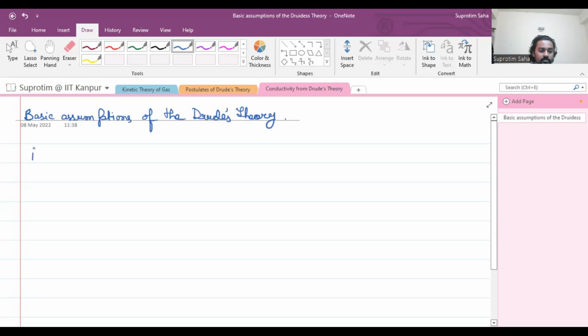First assumption was, as the electrons move around randomly, they undergo collisions, but there is a definite time scale between two successive collisions, which is denoted by tau. Tau is the time scale between two successive collisions.